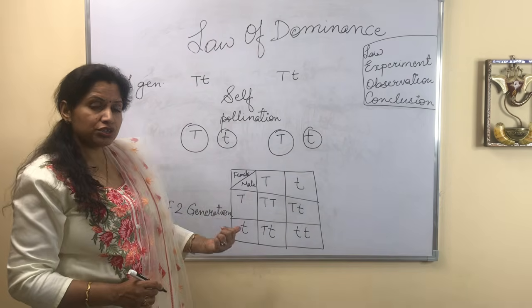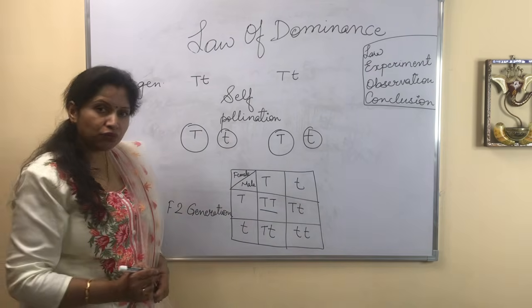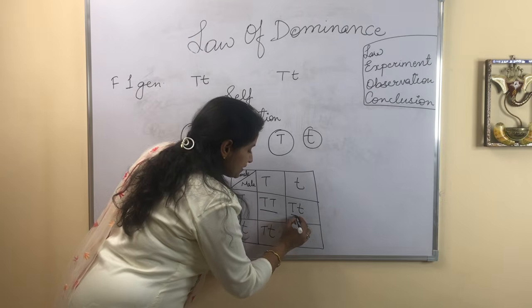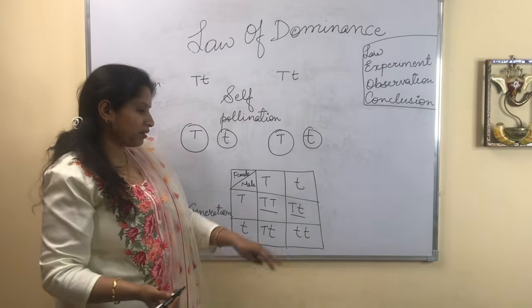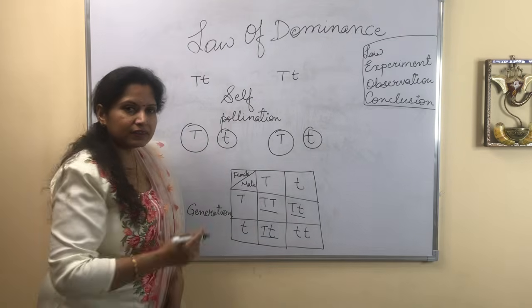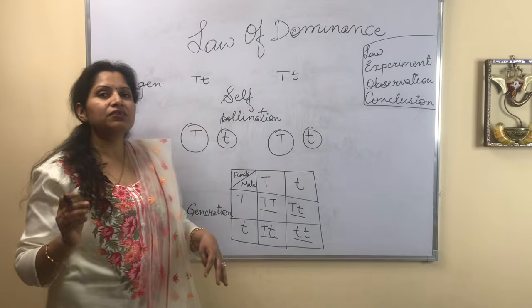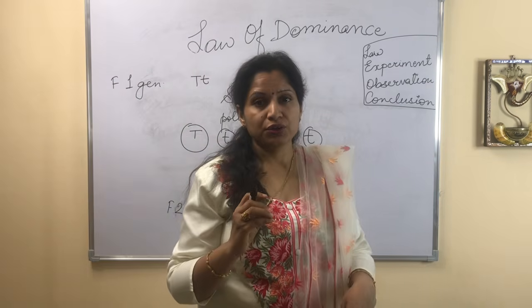So in the F2 generation, what type of plants were there? Capital T and capital T will form a tall plant. Capital T and small t, again a tall plant because it is a dominant feature. Capital T, small t, again a tall plant. And small t, small t will result in a dwarf plant.